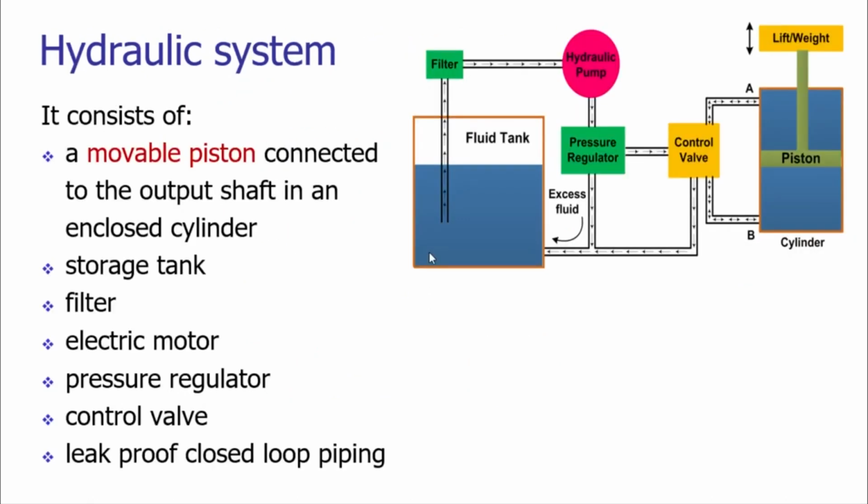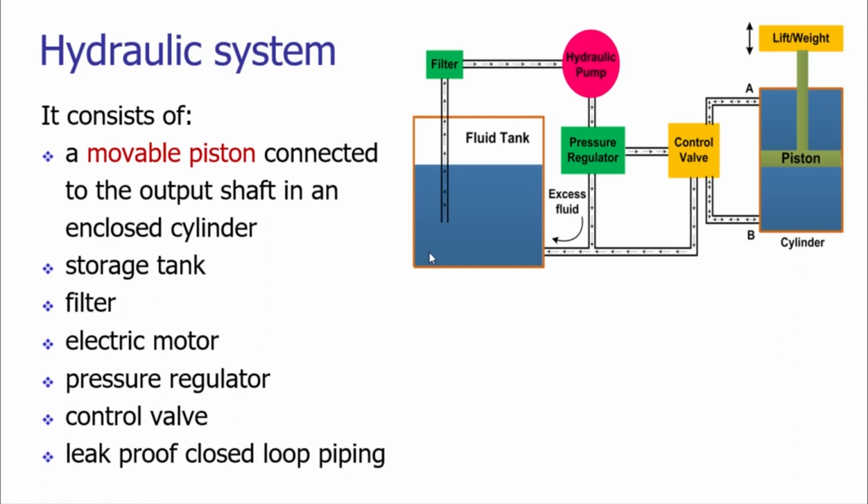Let us look at what are the various elements of a hydraulic system. We have seen that in general hydraulic systems are used to apply the load, and we have to hold the load.